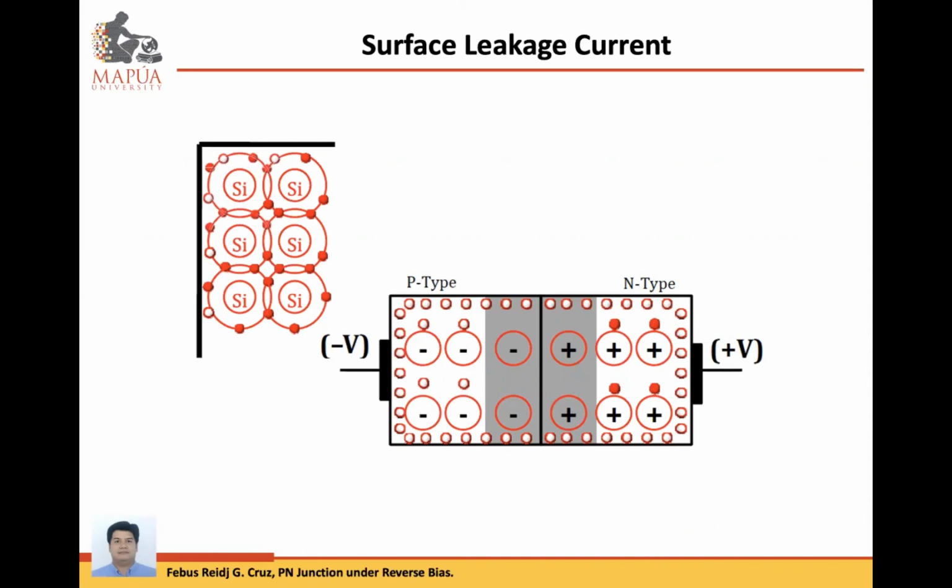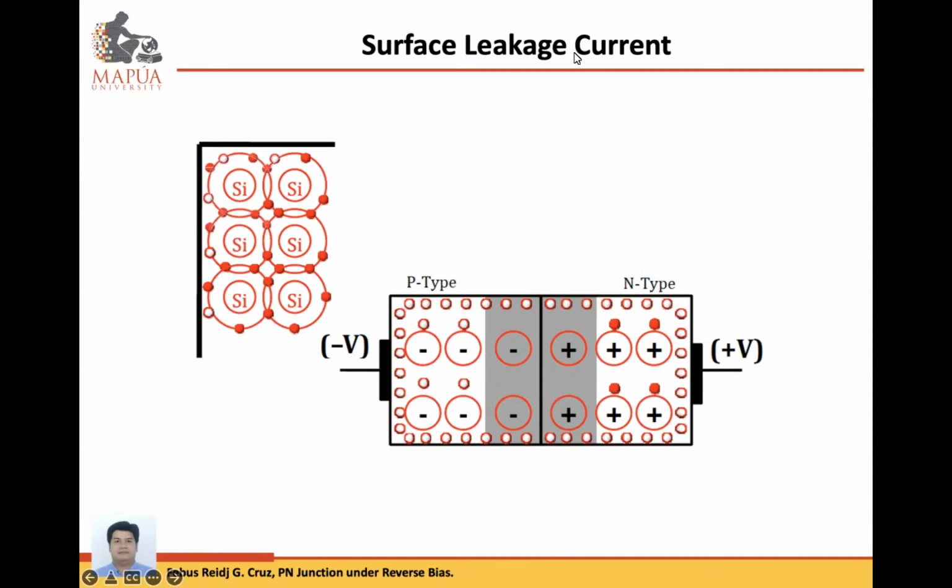Yes, sir. All right. So if you draw a PN junction, you have holes here, and then along the edges or along the surface, you have holes, even on the N-type side. So along the surfaces or the edges, meron tayong holes.